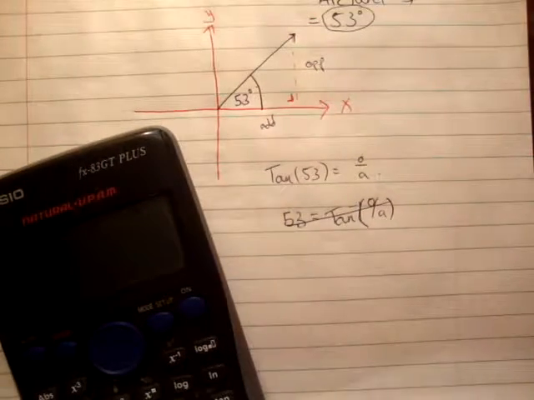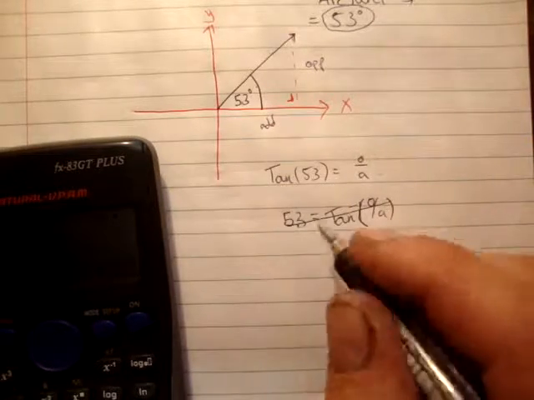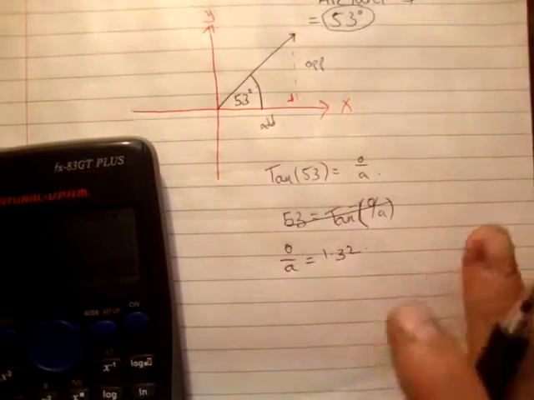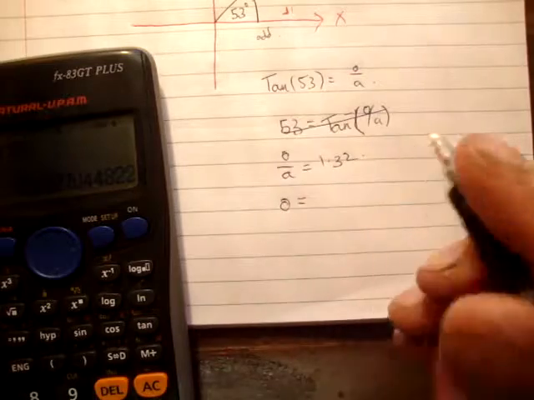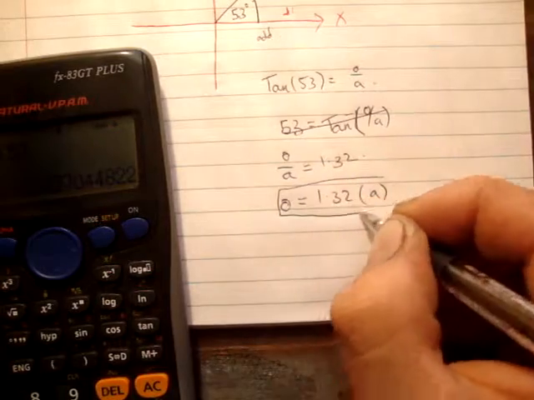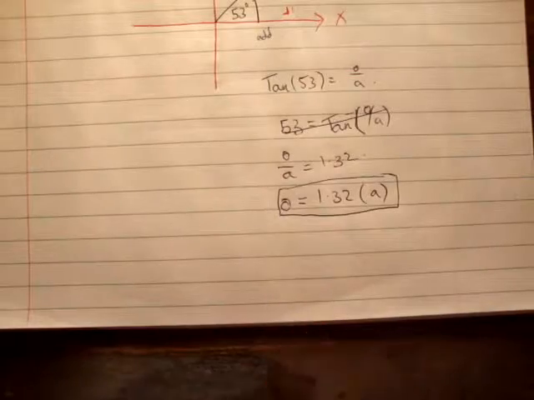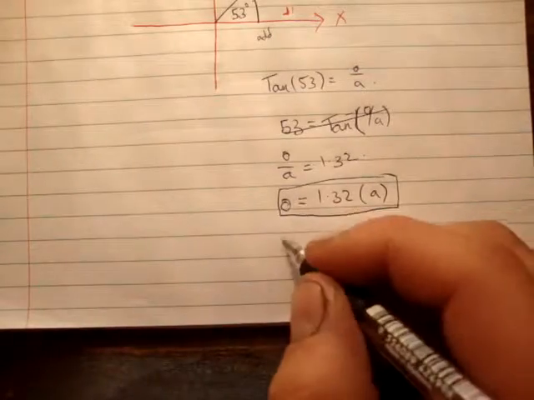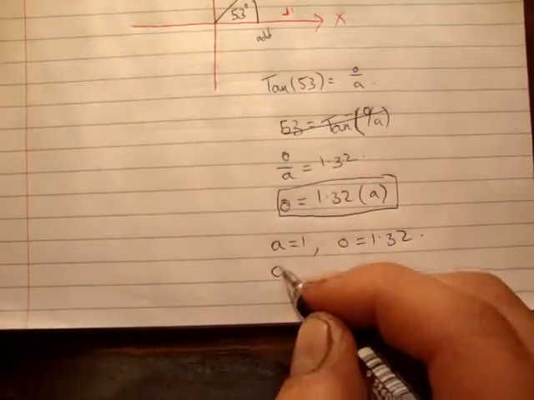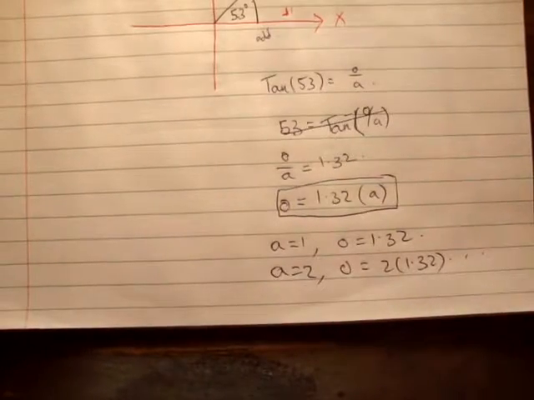Tan of 53 is equal to 1.32. So opposite over adjacent is equal to 1.32, therefore the opposite is equal to 1.32 times adjacent. And that's all that seems to matter. So you could say A is equal to 1 and O is equal to 1.32. You could say A is equal to 2 and O is equal to twice 1.32. Any of those match.